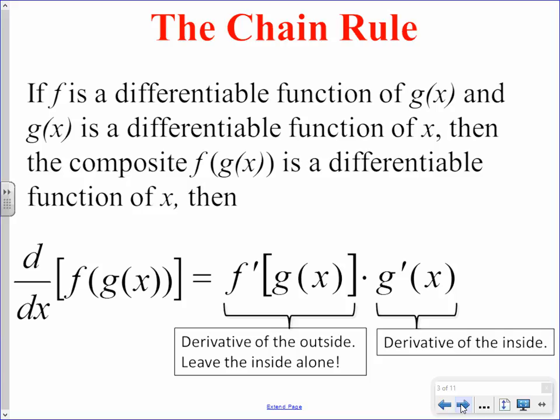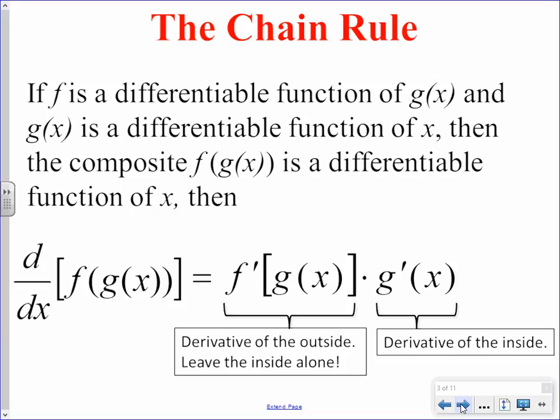This just says if f is differentiable and g is differentiable, then the composite is differentiable, okay? Which is this. The derivative of the composition is f prime of g. So like we take the derivative of the outside and leave the inside alone.